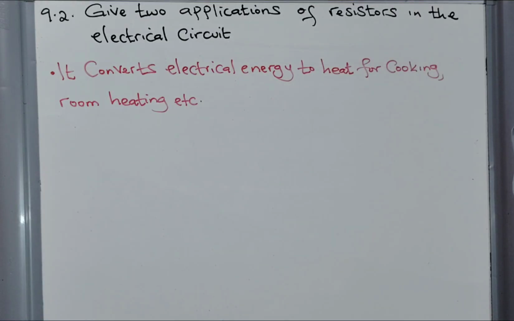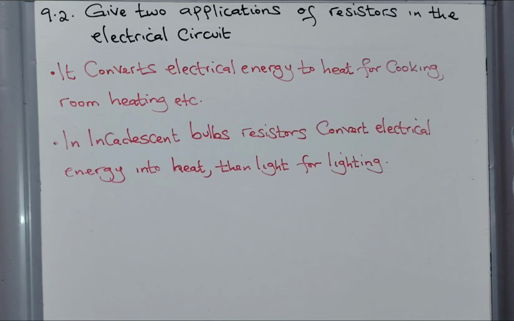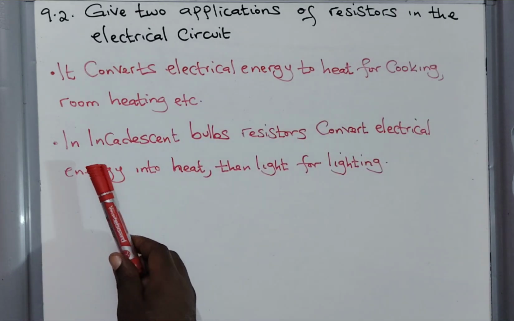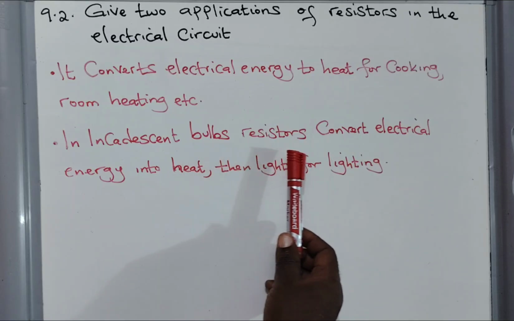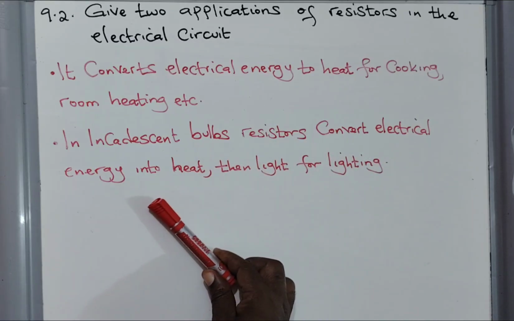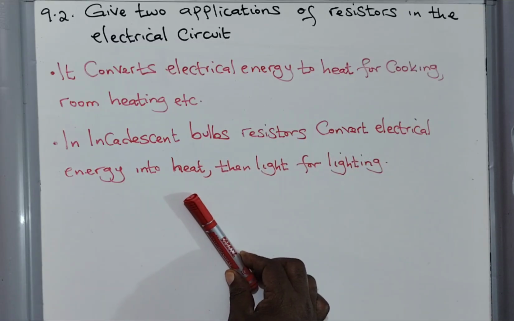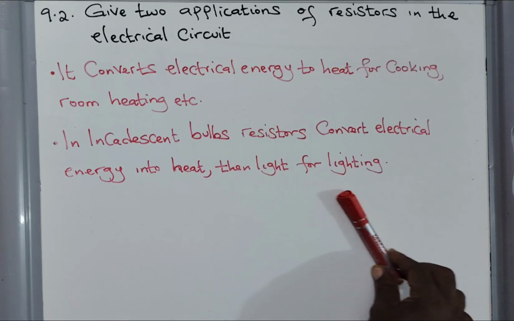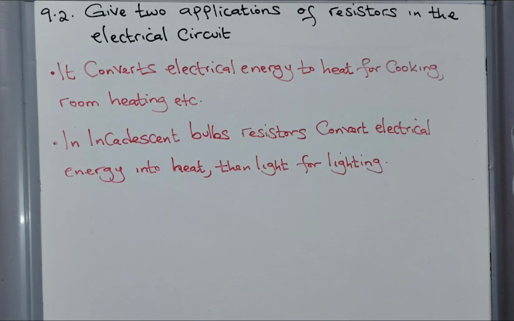So what happens in the bulb is that electrical energy is converted to light. So that's the second one. In incandescent bulbs, resistors convert electrical energy into heat, then heat to light, for lighting in the dark.